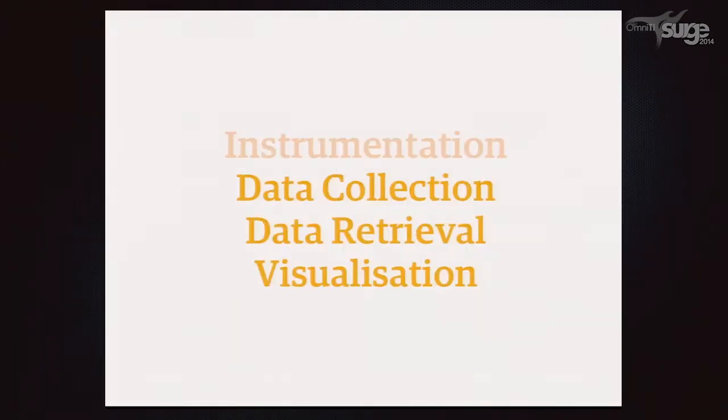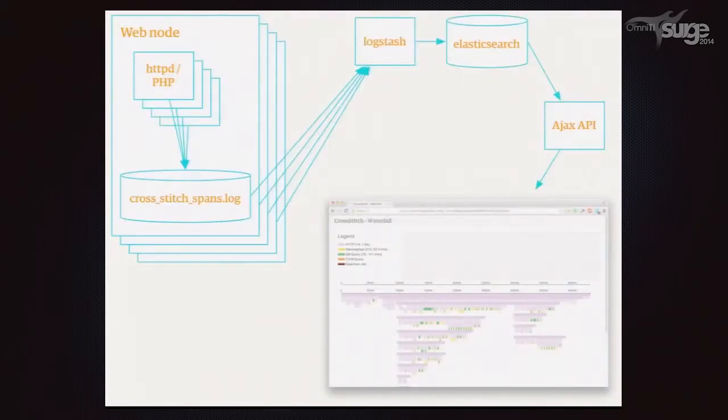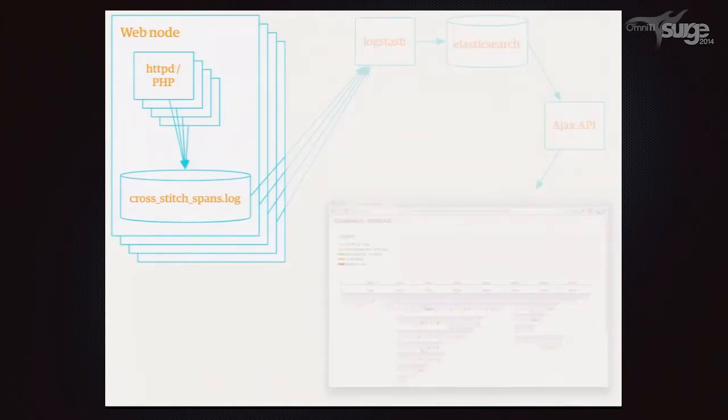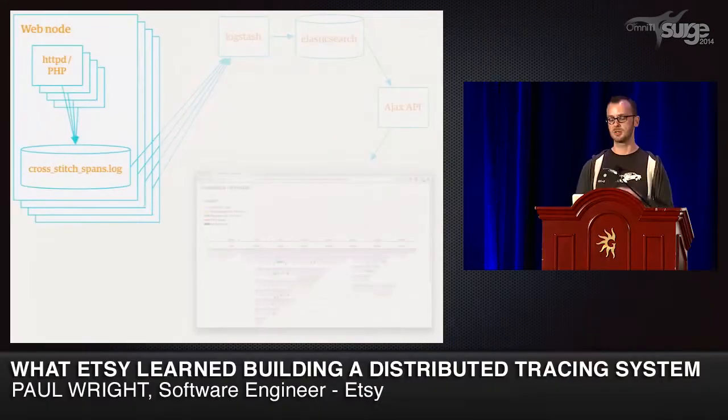So that's instrumentation, and then we've got the other 3 pieces, which are the collection, the retrieval, and the visualization. This is the data flow that we have going on across our system. The instrumentation all happens on a web node executing some code, and during that single-threaded execution, it's collecting up these things. When it hits one of these triggering annotations, we log out.